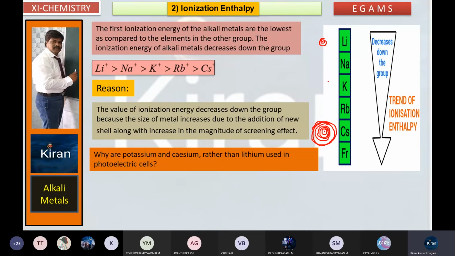Photoelectric effect means when a beam of light is focused on a metal, this metal releases an electron. This emitted electron is known as a photoelectron, and this entire process is known as the photoelectric effect.